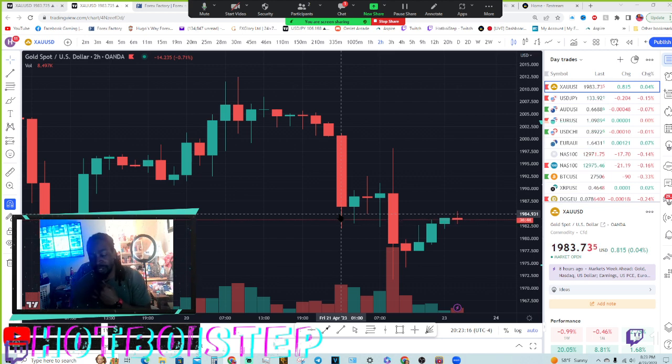So basically, these prices are determined by the ratios of the money compared to each other. So gold compared to the US dollar is basically saying 1983 is the price.